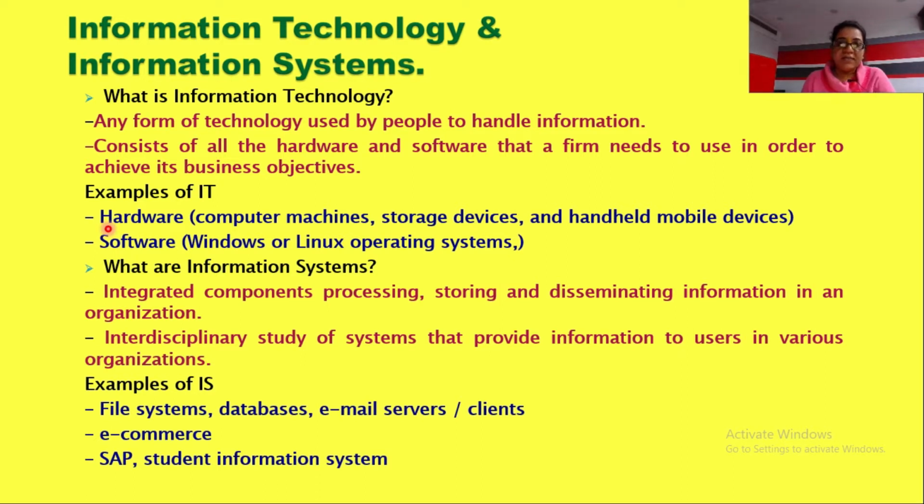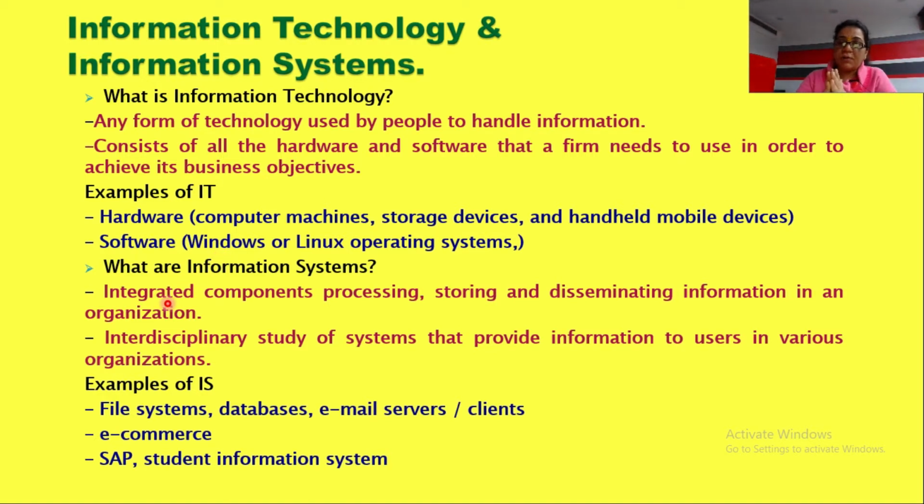So what all are the examples of the IT? That is hardware, computer machines, storage devices, all handheld devices even which we use as mobiles, they are all the part of IT, that is information technology. And then the software, which includes the examples of Windows or even the operating systems, Unix, Linux, anything.